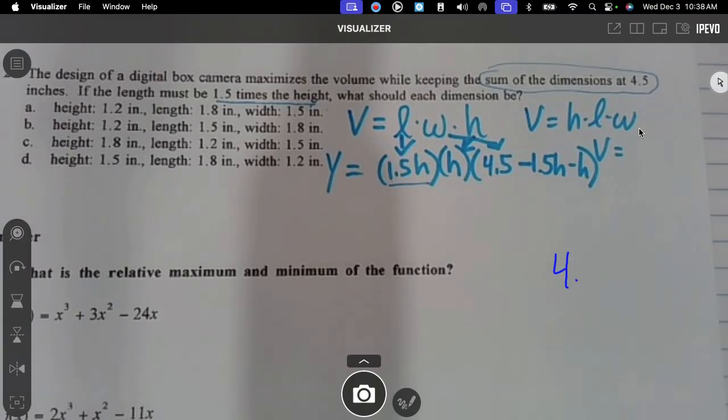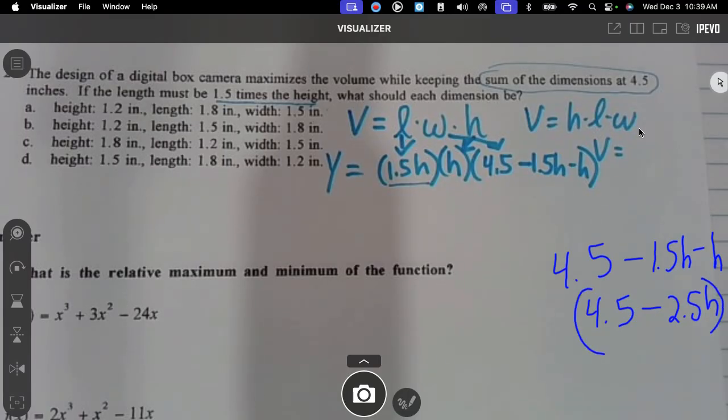Let me take my 4.5 and subtract the two things I know, which are the 1.5h and what's the other one I know? H, 1h. So that's 4.5 minus, what's 1.5 minus 1? 2.5. That's really what's going to go right here in my parentheses. Guess what I can do with that though? I can type it in my calculator. Just like that in parentheses.